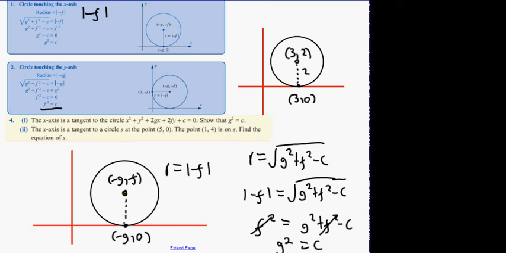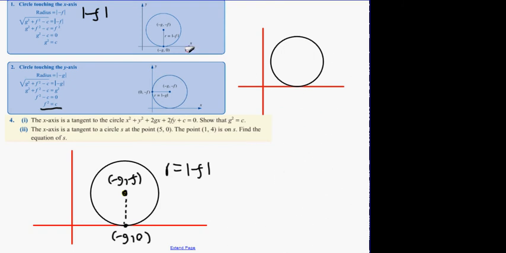And just an extension on that, in the rare case that both of them are tangents, the first proof still holds true, because the x-axis is still a tangent.